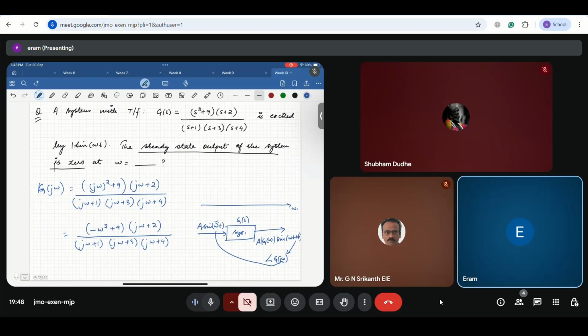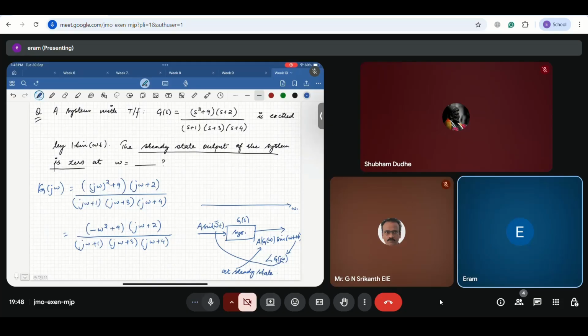Okay. So the only way that this response is going to be zero, steady state means as t goes to infinity, or as the response settles down, because this is the response at steady state. This is the steady state response always. This is not the transient response.